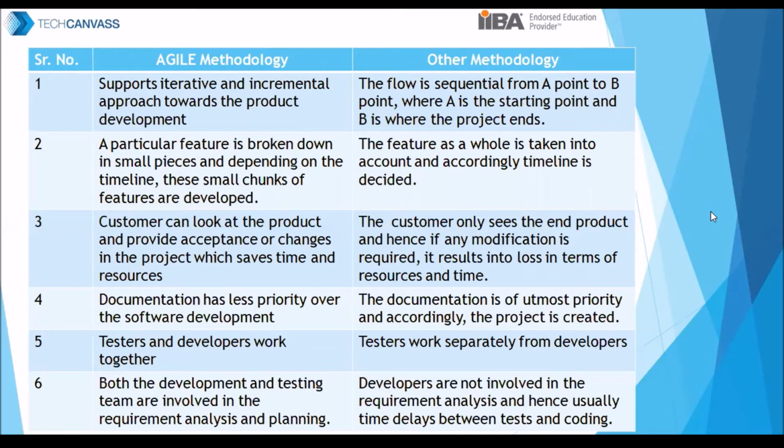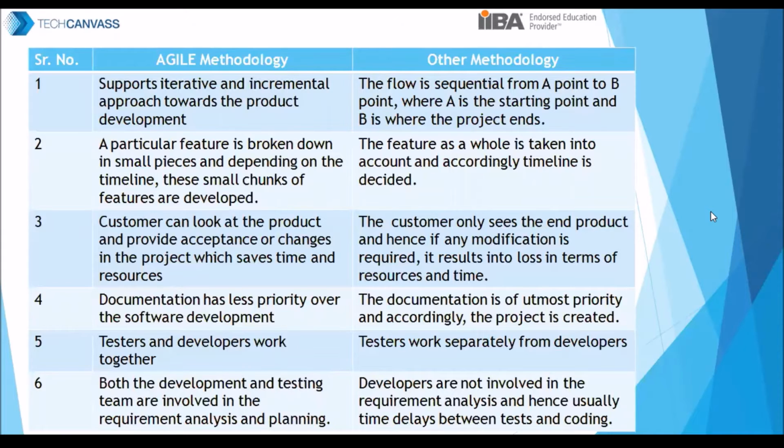So what happens after the requirement is finalized, the requirement is documented, it reaches the developers, and now if they have any doubts or any changes or some feedback, they will again have to come back to the requirement team, and then again the whole cycle begins.